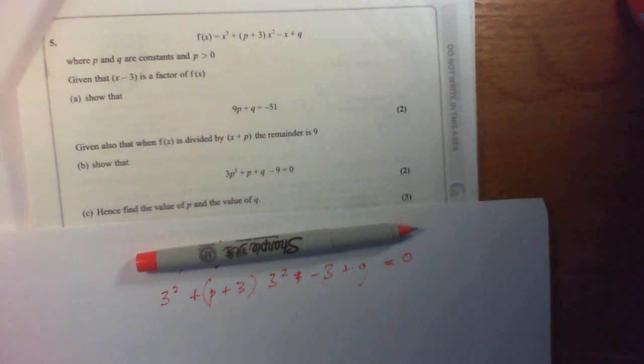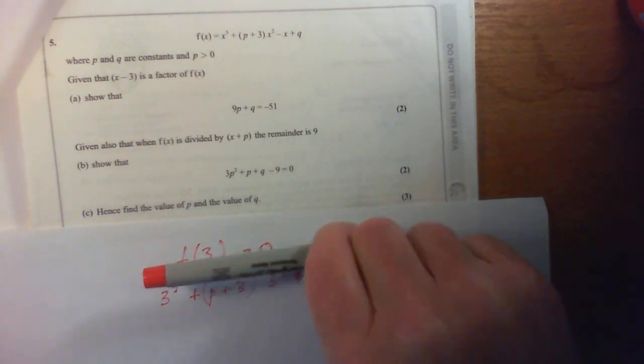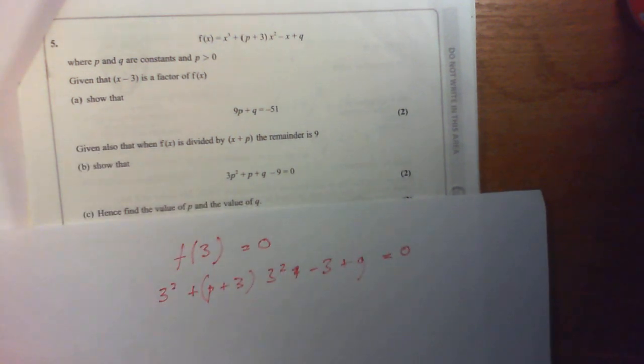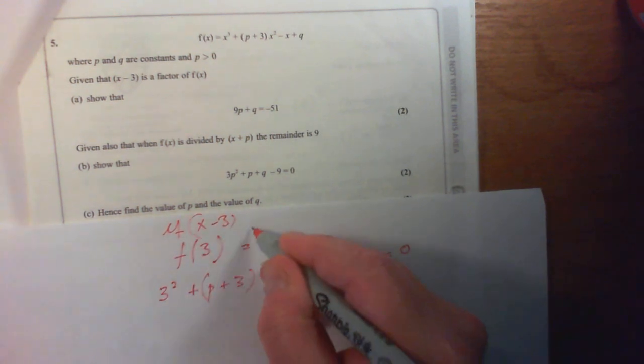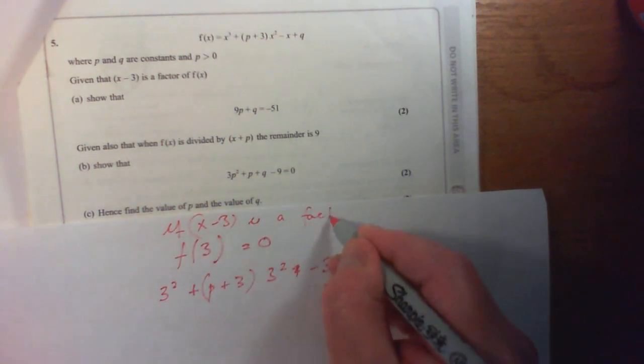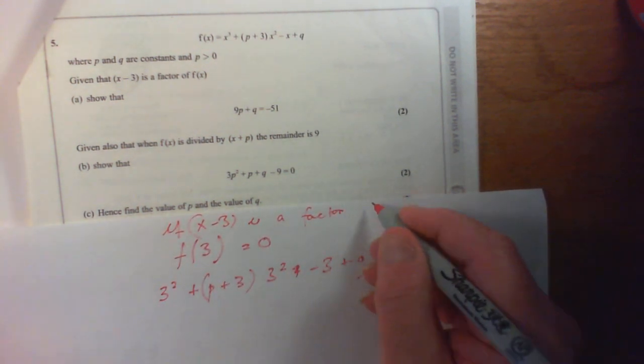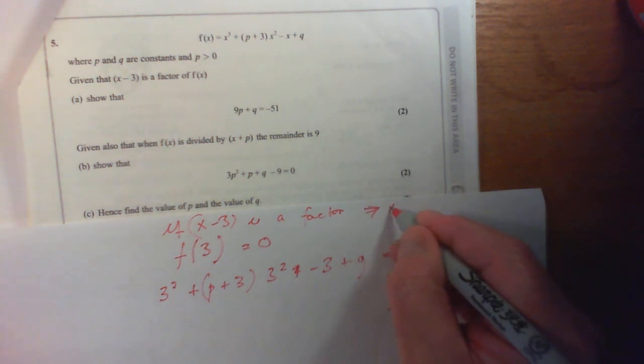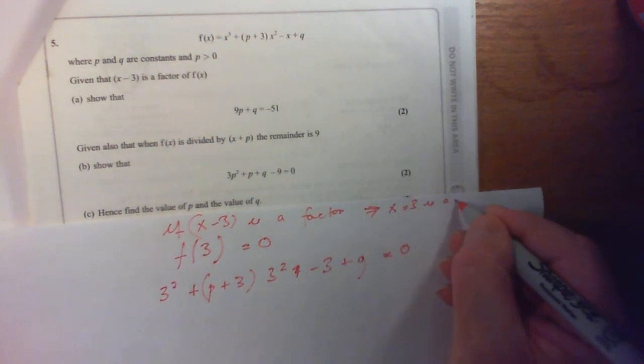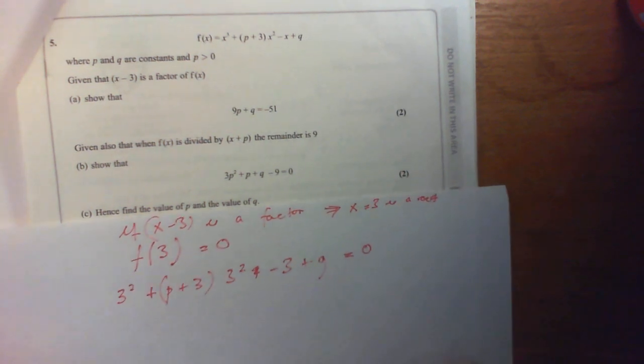But you would lose marks there because you're not actually showing the examiner that you know what you're doing. You need to specifically put down the statement that if x minus 3 is a factor, well, that implies that x equals 3 is a root. This is the explanation in full, if you like.